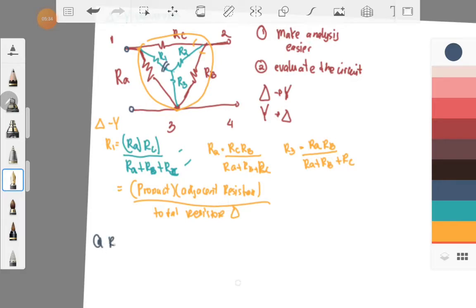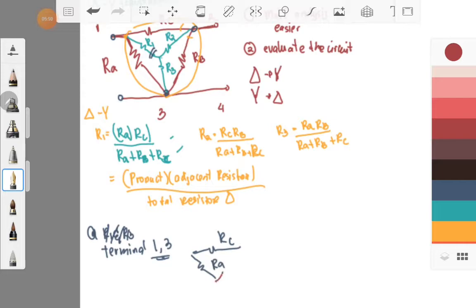So at terminal 1 and 3, papatayin natin to. So therefore, we will have a connection equal to RC, RA, and your RB. And then basically, this will be your 1 and 3.